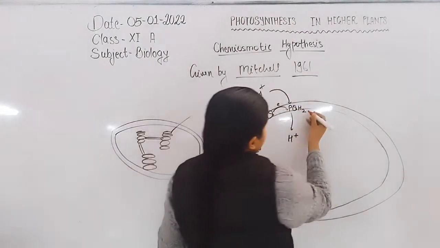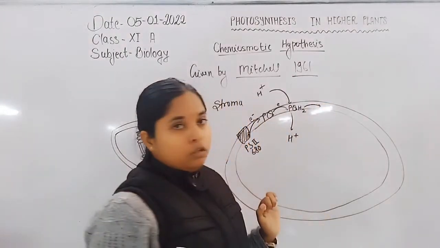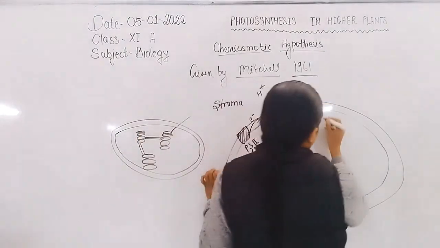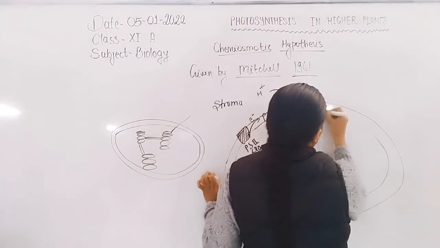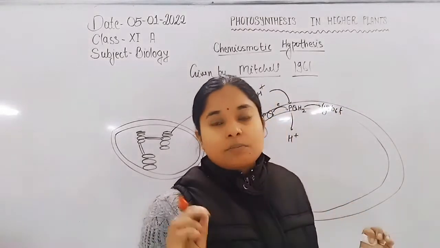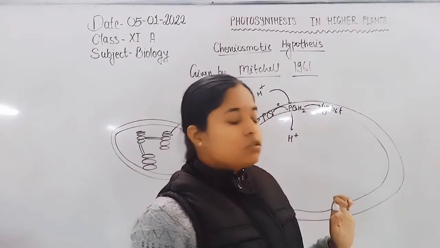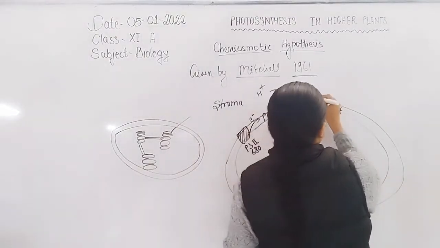Now the plastoquinone transfers electrons to the cytochrome b6f. The cytochrome b6f is a protein of the electron transport system. Here is the electron.